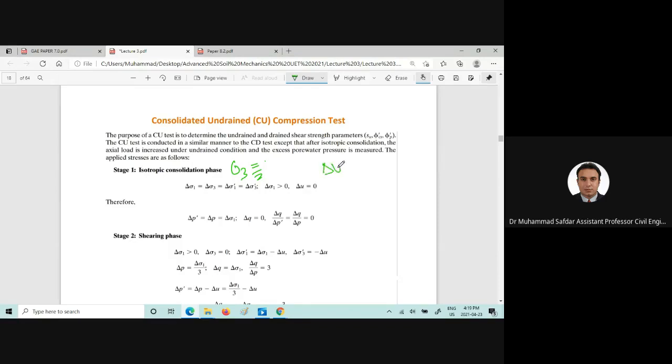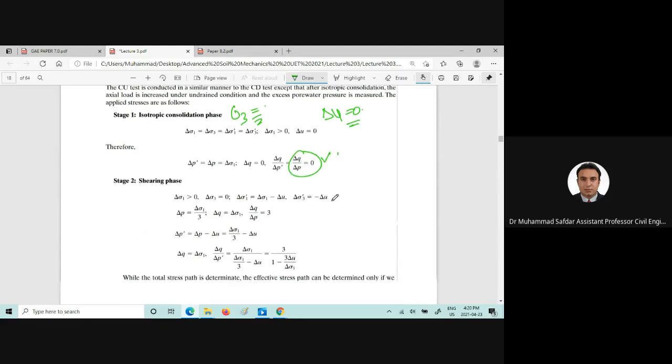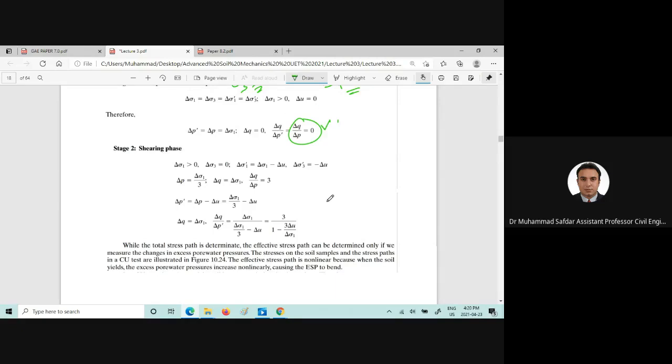Now delta U is 0 because consolidation is in drained condition, and delta Q divided by delta P will be equal to 0 because we are not shearing the specimen. So that's why this equation is valid. Now in the shearing phase, delta sigma 1 is greater than 0 because sigma D would be applied, and the change in the confining pressure is equal to 0. So that makes sense as well.